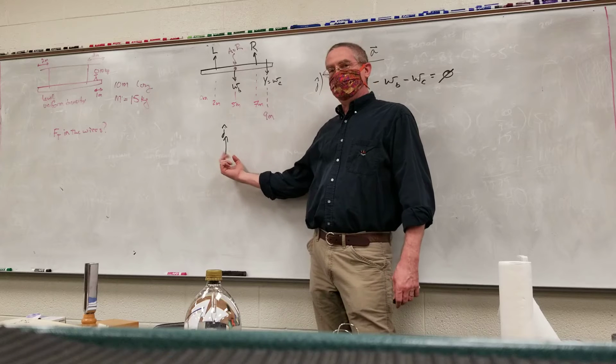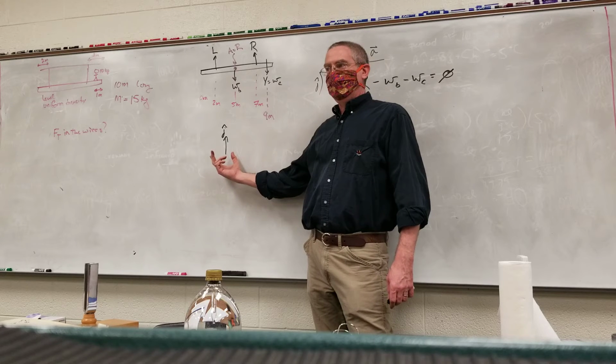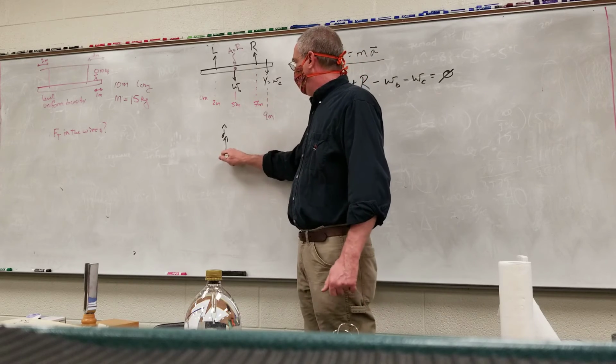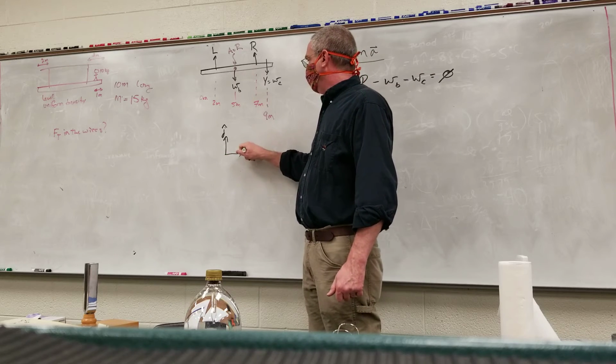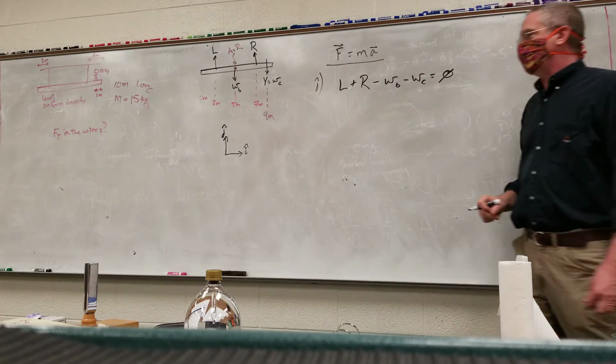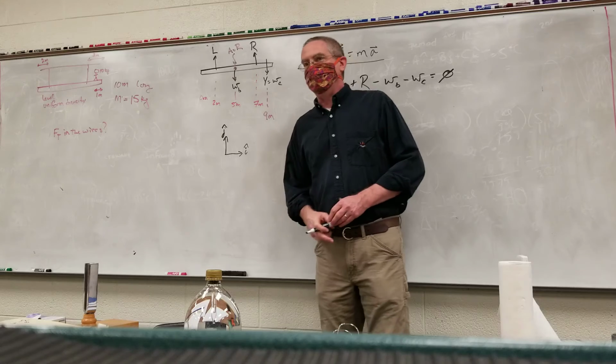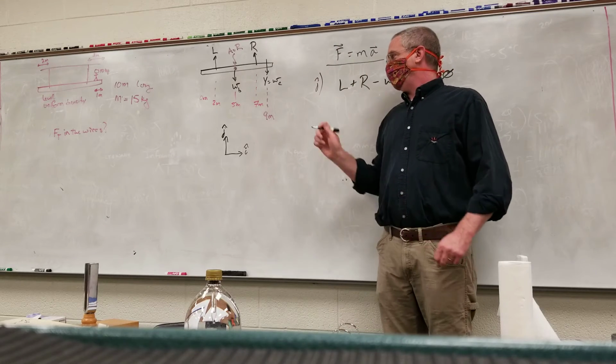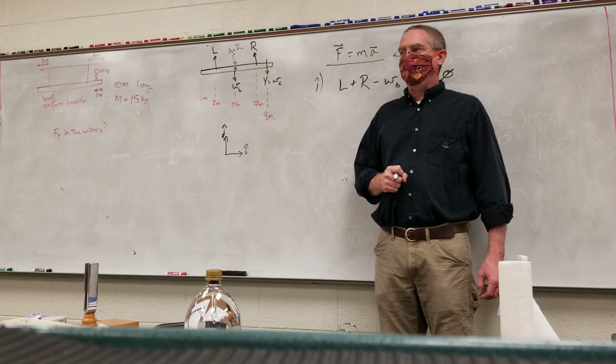So left or right, positive? I'm going to call that I, because again, lack of imagination. But once I've established that as my I and J direction, we do assume a right-handed coordinate system. So which way does K have to go if this is a right-handed coordinate system? Yep.